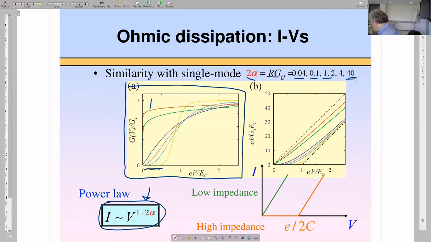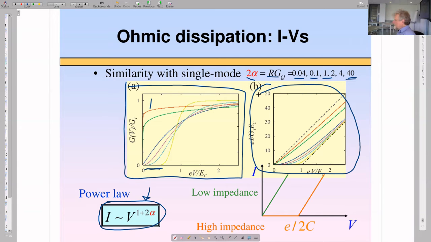If one integrates it over voltage, one gets a series of other curves, and they look visually almost the same as other curves for a single mode. Right. So low impedance, weak interaction, small deviation from Ohm's law.